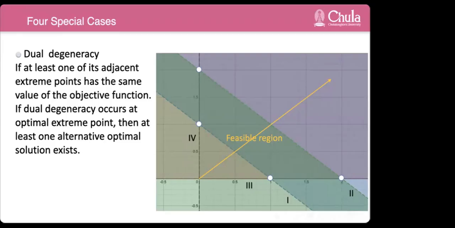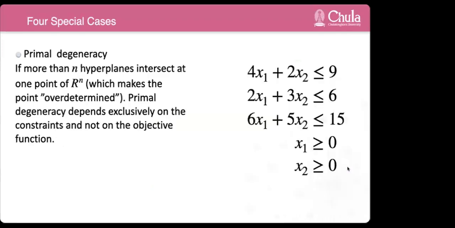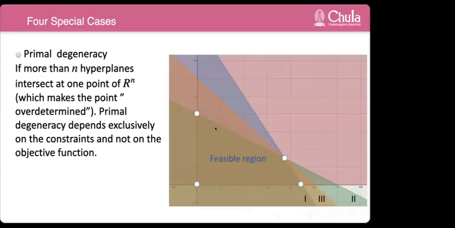In this case, the solution is not at the corner anymore. The next one is primal degeneracy. I will explain it from this graphic.